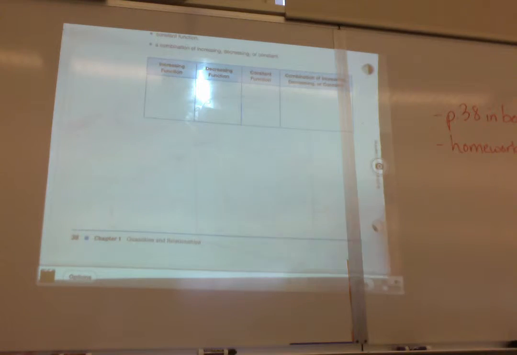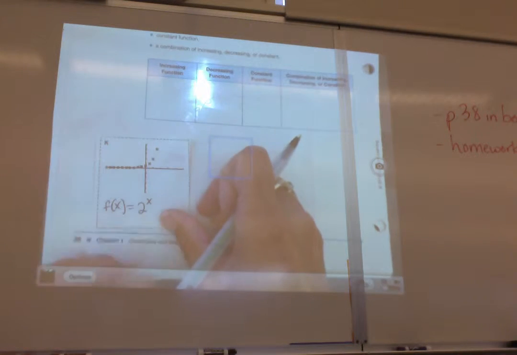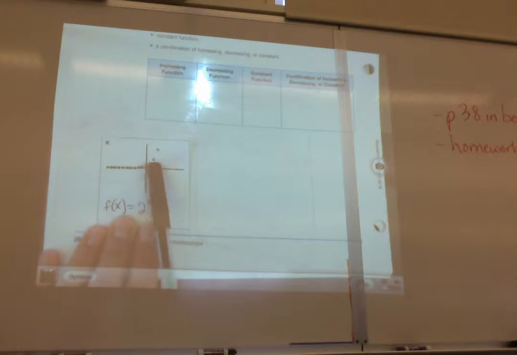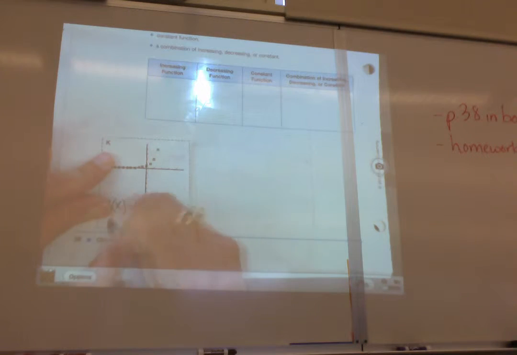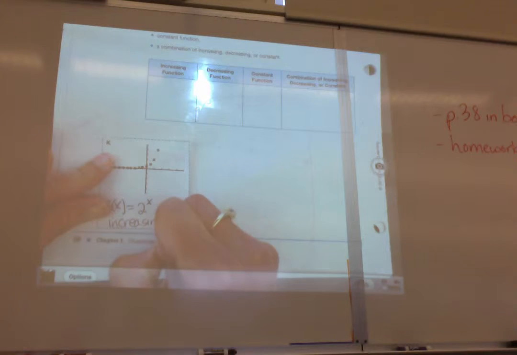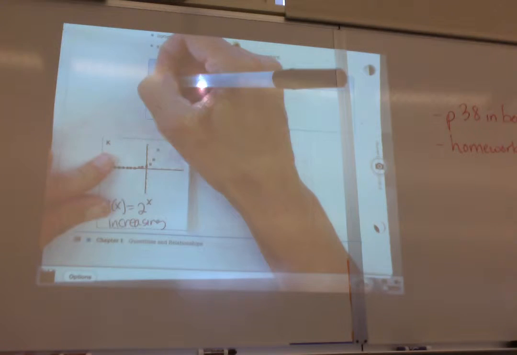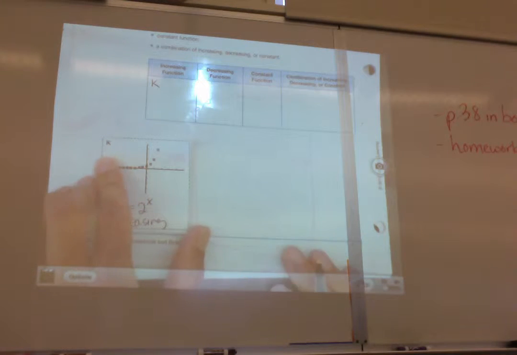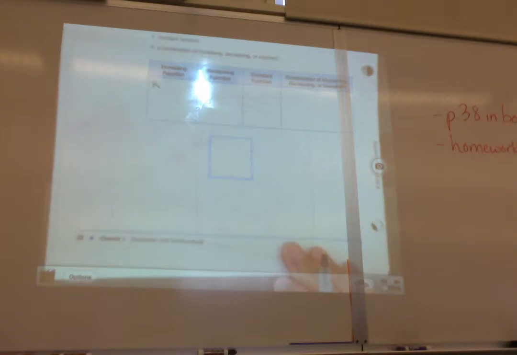Here's K. Find K. As I look left to right in K, the graph is going up. So I'm going to write on the piece, increasing. I'm going to write a letter in the box, K, and then I'm going to set it aside.